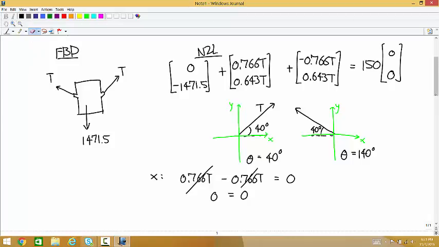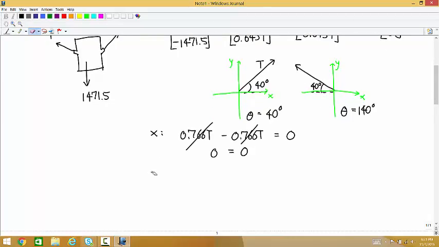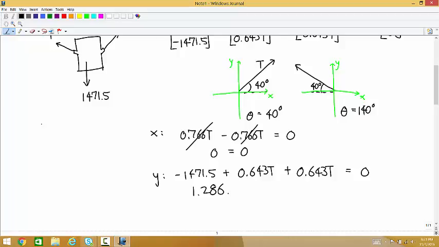And then the y equation says negative 1471.5 plus 0.643t plus 0.643t is equal to 0, or 1.286t is equal to 1471.5.